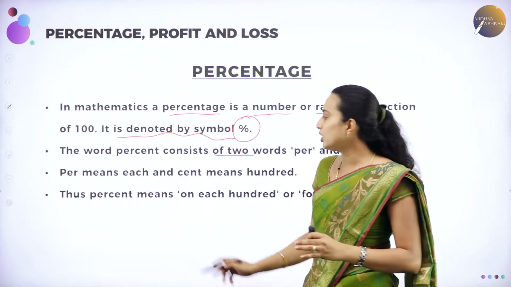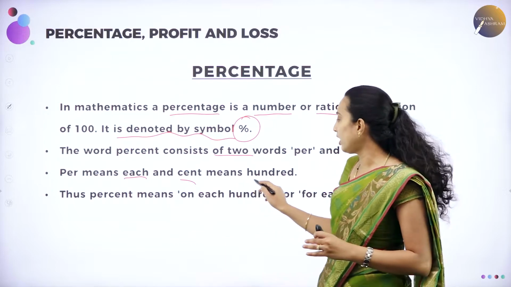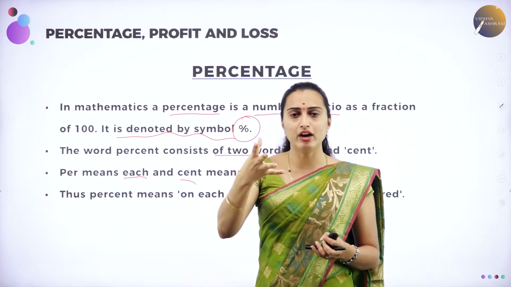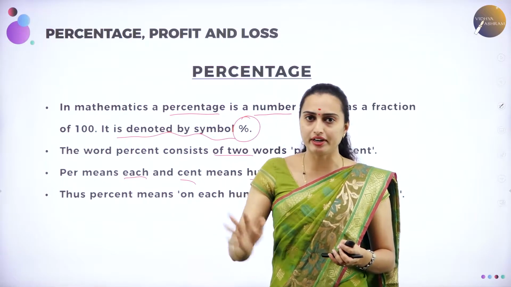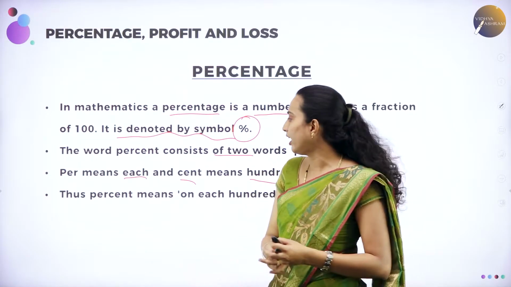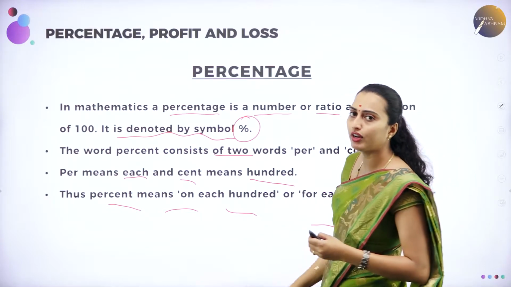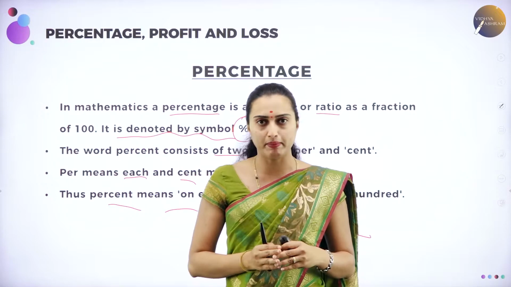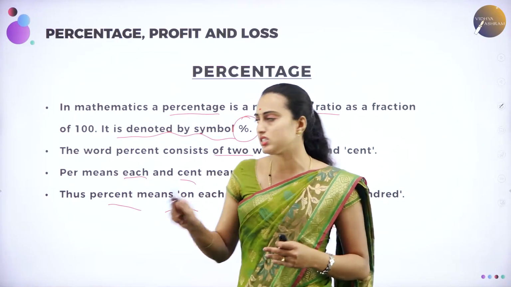Per means each, and cent means 100. So for the given number, you are going to have each 100. That means on each 100 or for each 100. Thus, percentage means on each 100 or for each 100. So this you have to remember, a percentage is denoted by this symbol.